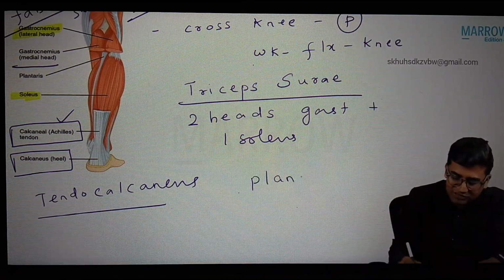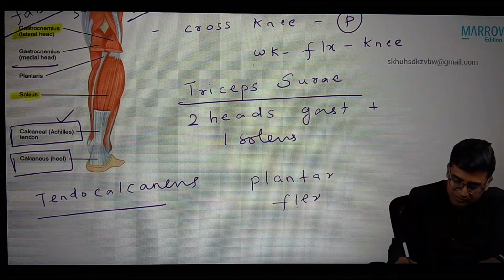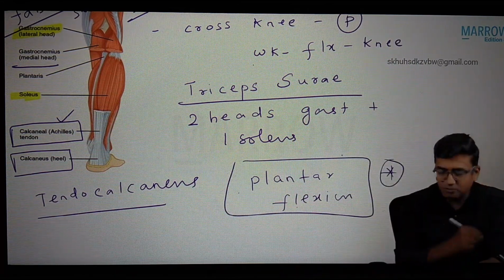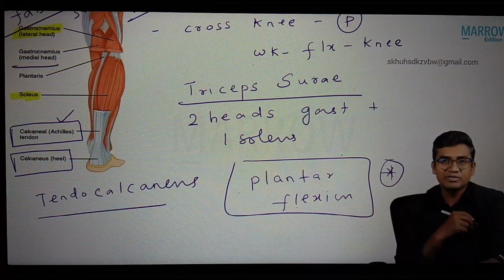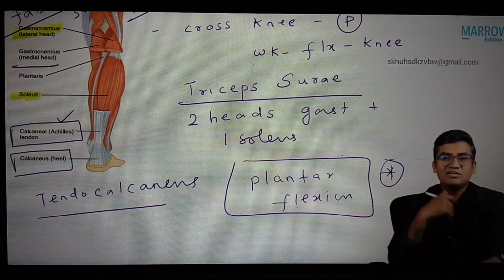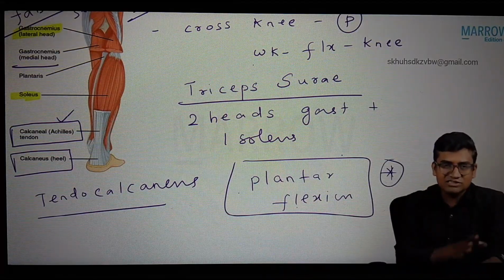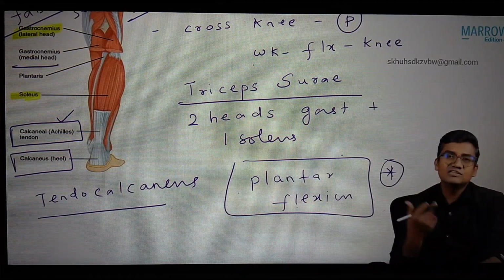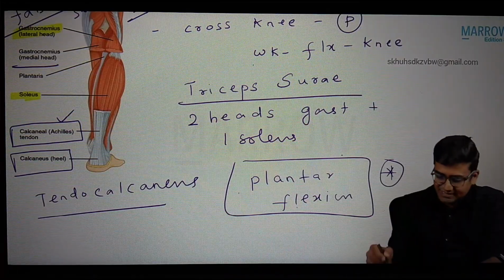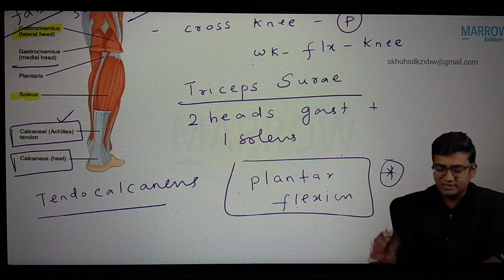Plantar flexion of the ankle joint. So tendocalcaneus does plantar flexion of the ankle joint. Any muscle crossing the joint on the back side, plantar flexion of the ankle. Any muscle crossing the joint on the front side, dorsiflexion of the ankle. Clear? Right.